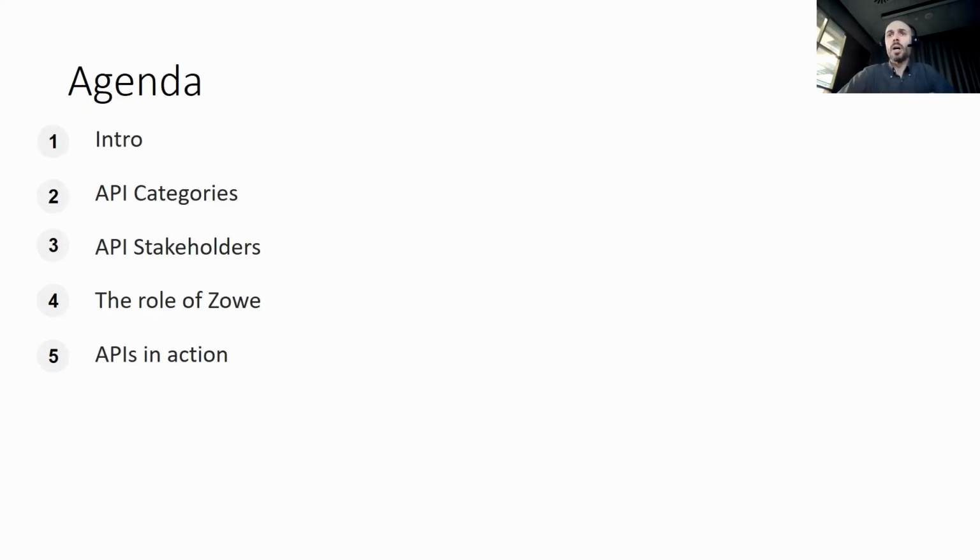Also, we'll learn the role that Zowe plays within this ecosystem, both as an enabler and accelerator for modernization for mainframe APIs. And then I'll finish with a few examples of how these APIs are being used in production environments today.